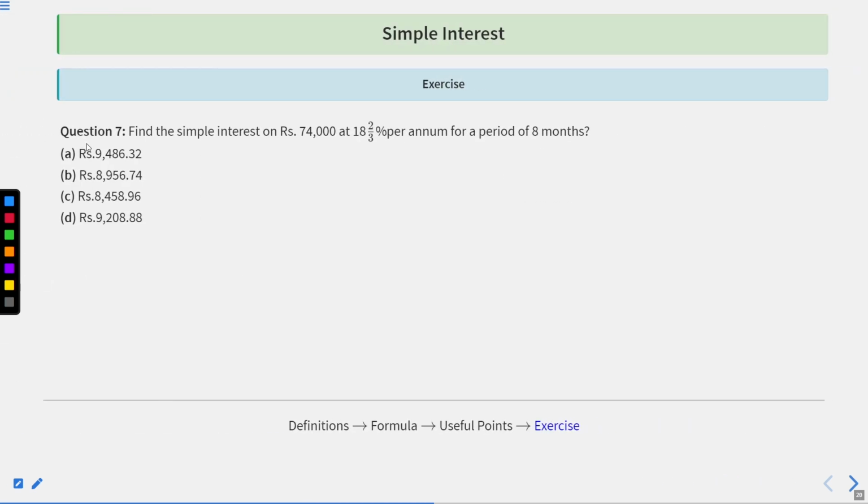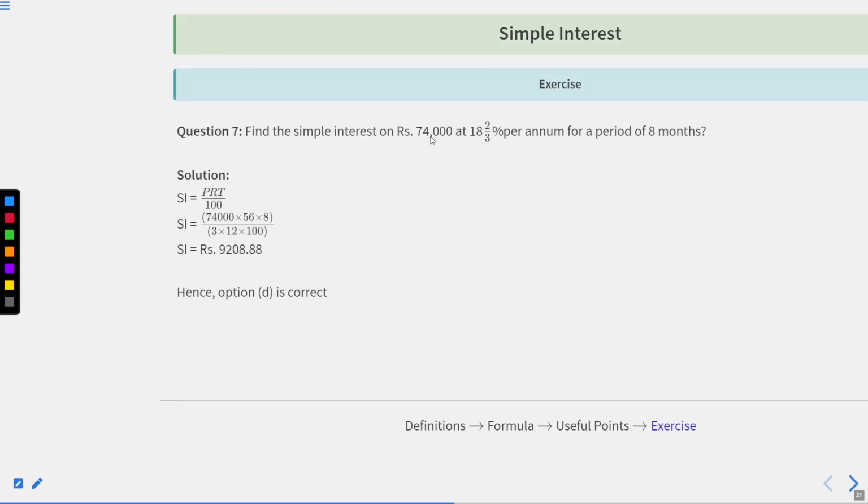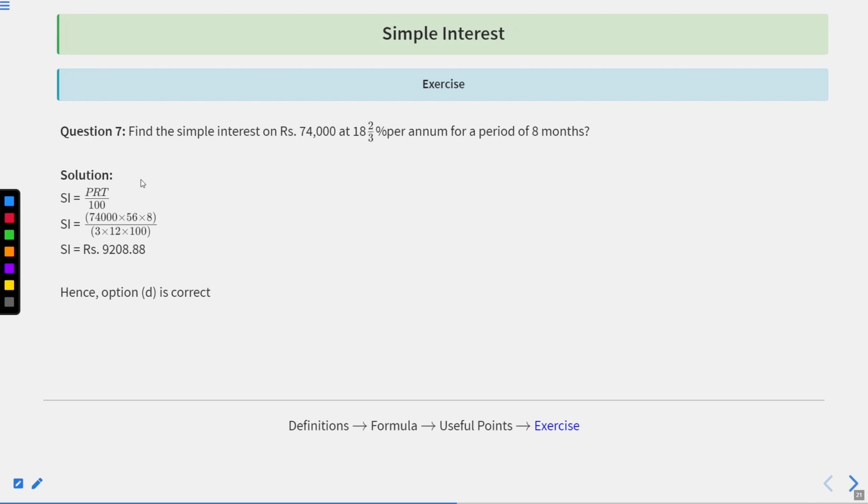Now, let us move to question number 7. Find the simple interest on 74,000 rupees at 18 and 2/3% per annum for a period of 8 months. So the solution: now try to recall the formula for simple interest.